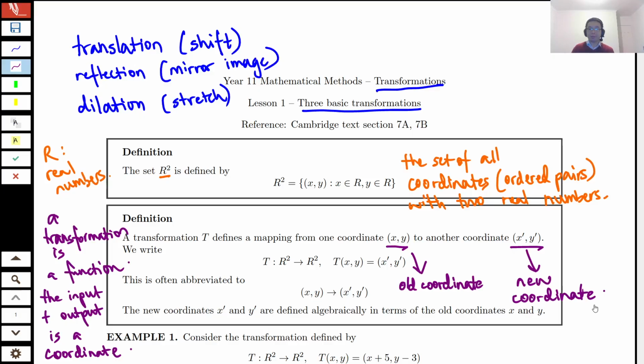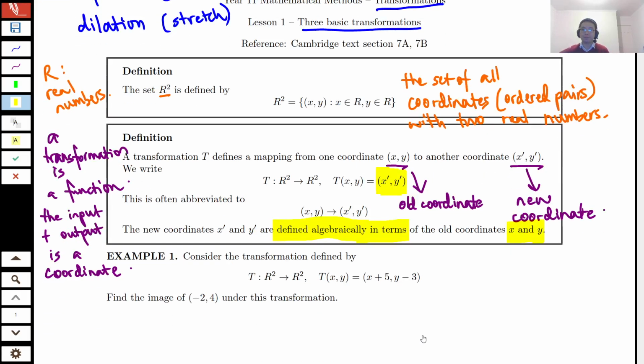Now, what's going to happen is when I write down x prime and y prime here, I will replace x prime and y prime with an algebraic definition in terms of x and y. Now, if that sounds abstract, which it is, let's consider two examples which I think will make this clearer.